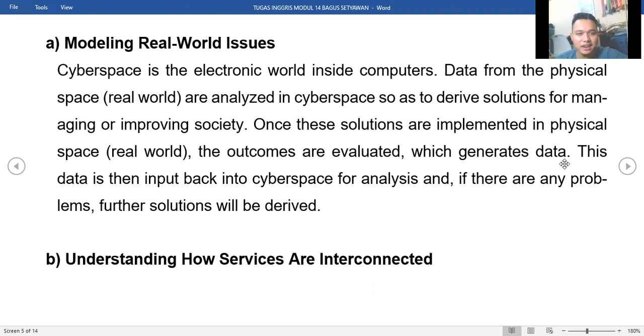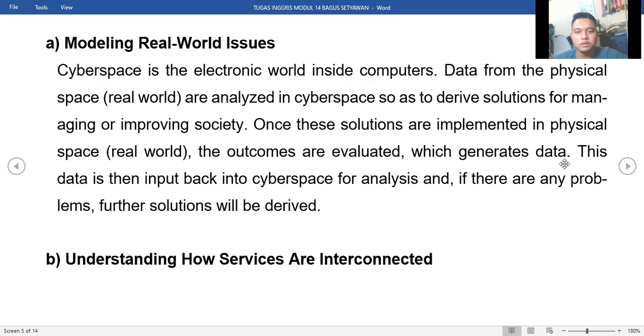Cyberspace is the electronic world inside computers. Data from the physical space or real world are analyzed in cyberspace so as to define solutions for managing or improving society.